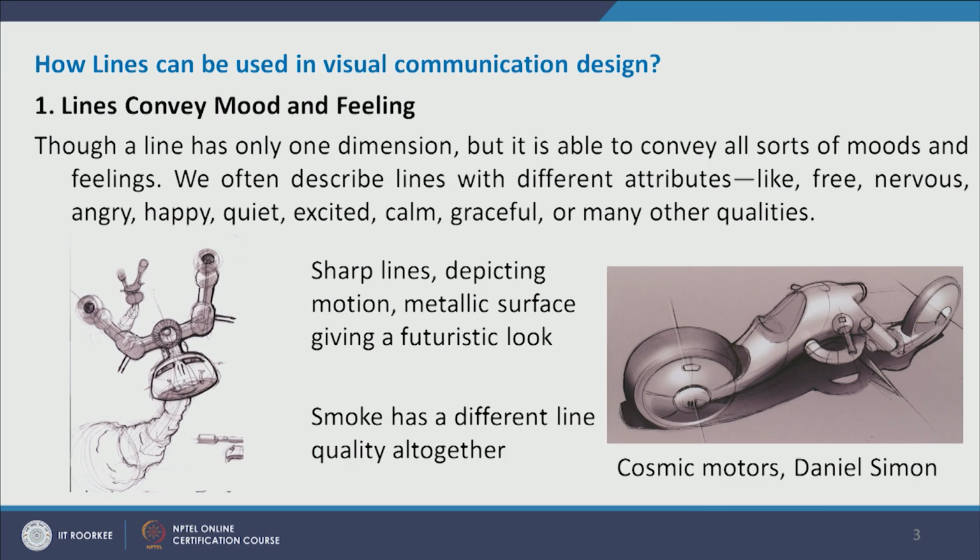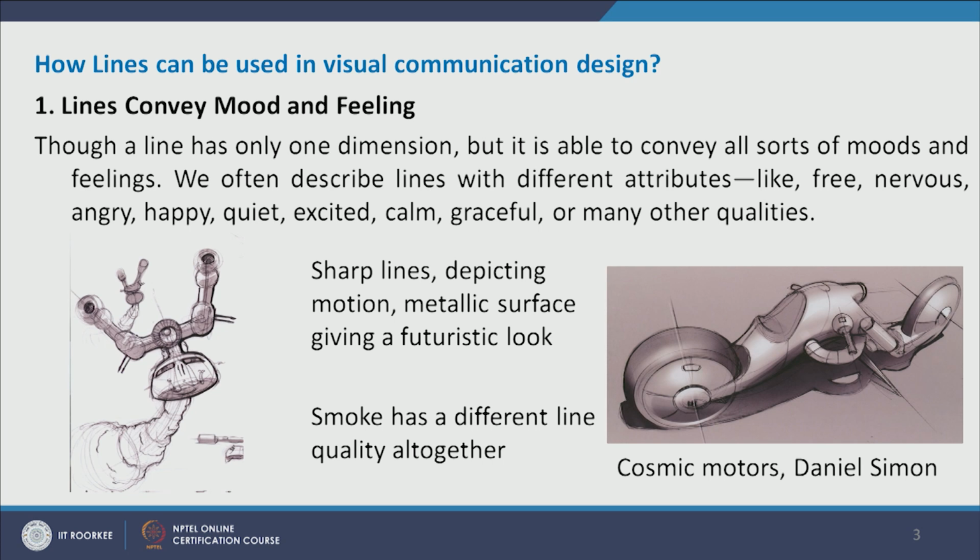In this slide we can see how line helps in visual communication. First of all, line conveys a mood or feeling. That is the first usage of line. Here we can see some designs of the famous automobile designer Daniel Simon, taken from the book Cosmic Motors.